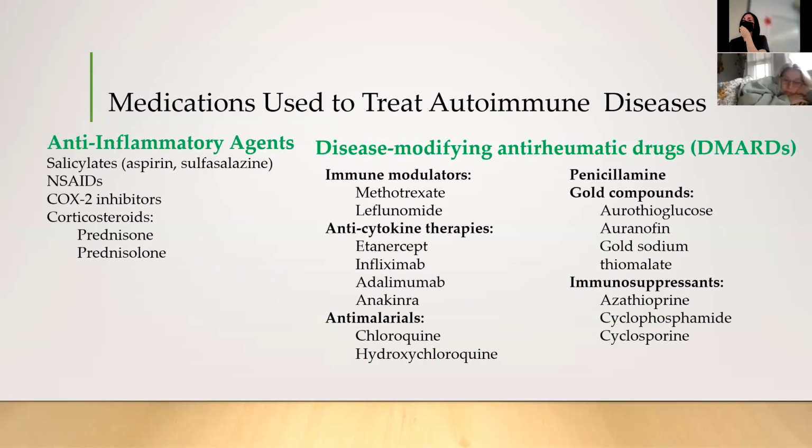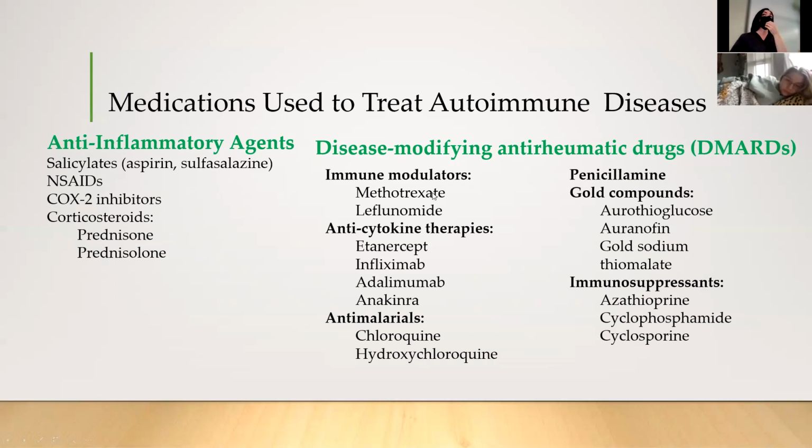So for medication use, there's kind of two big categories here: the anti-inflammatory agents, which we're pretty familiar with for the most part, and then the disease-modifying anti-rheumatic drugs. So the DMARDs, they just lump all these together. And then within those, we have things that we might recognize, like the immune modulators, methotrexate.